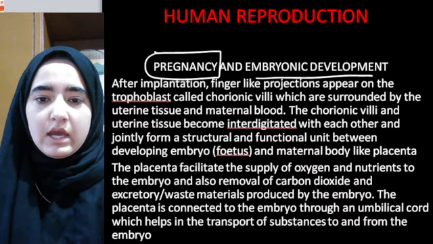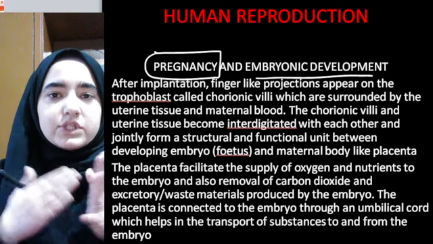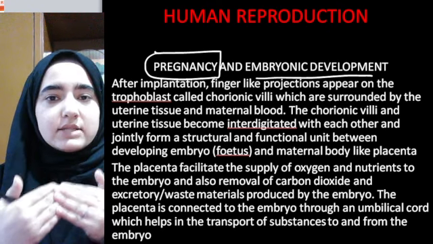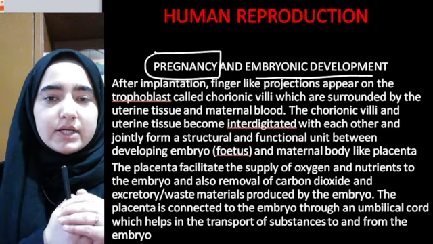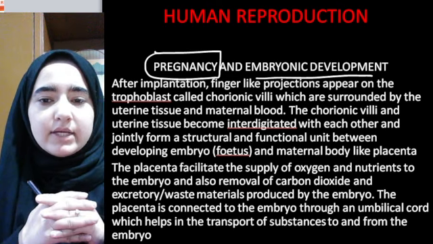See, chorionic villi are finger-like projections which arise from the trophoblast after implantation, and they get covered by uterine tissue and maternal blood.